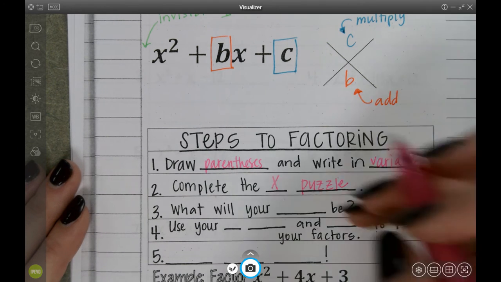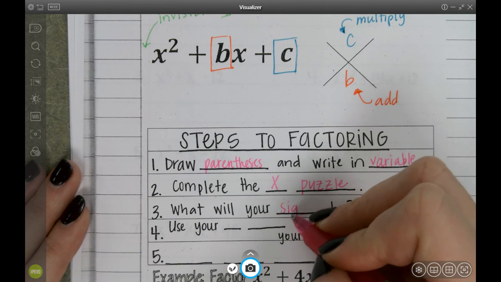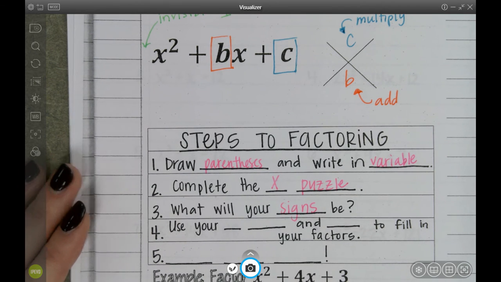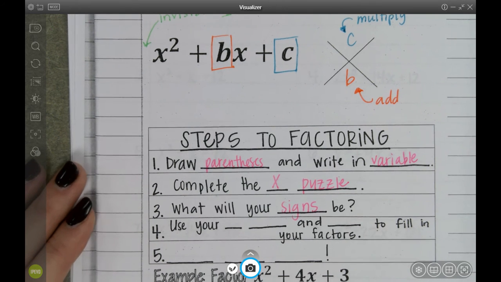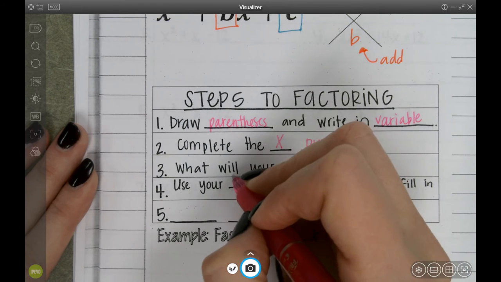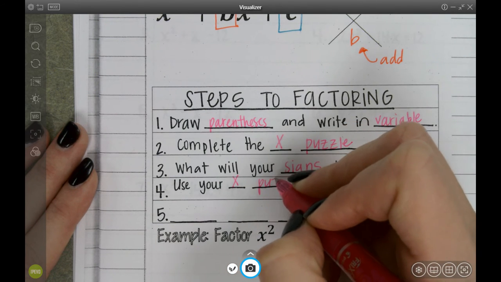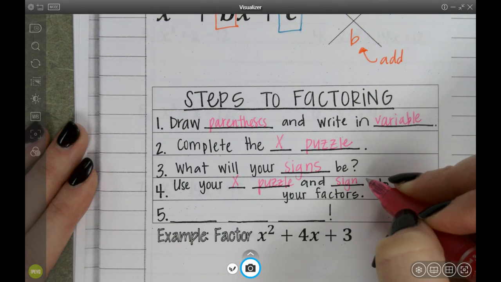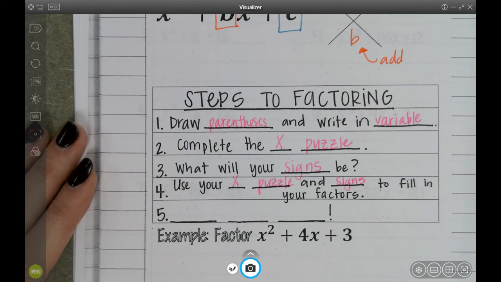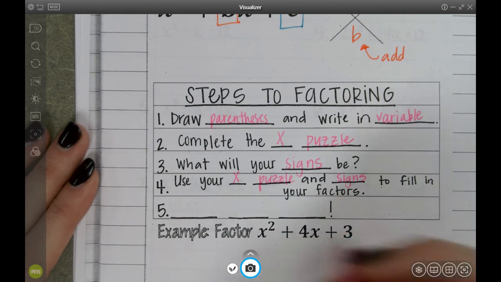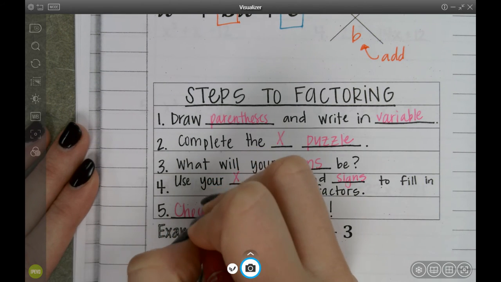You have to figure out what your signs are going to be. And you're going to use all of those things to fill in your factors. So use your X puzzle and signs to fill in your factors. And your last step is going to be check your answer.